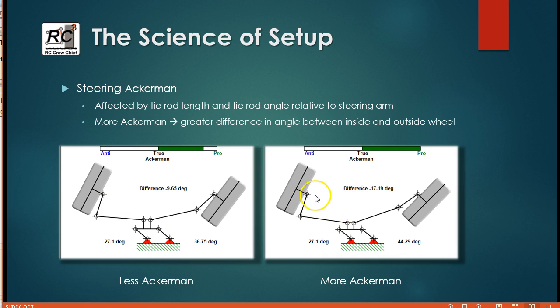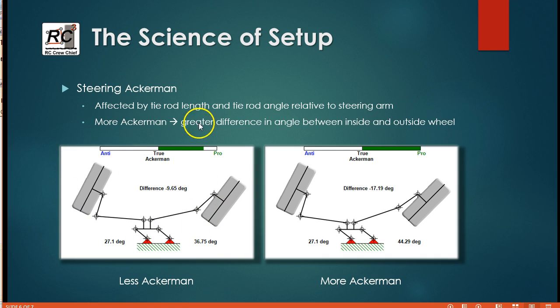In this case, we have 17 degrees difference between the outside and the inside. So this example represents more Ackerman or pro Ackerman, and this example represents less.